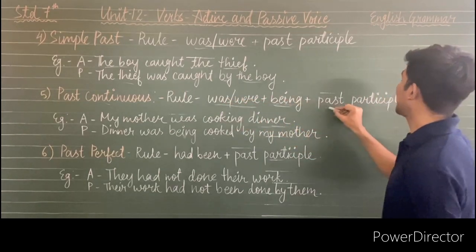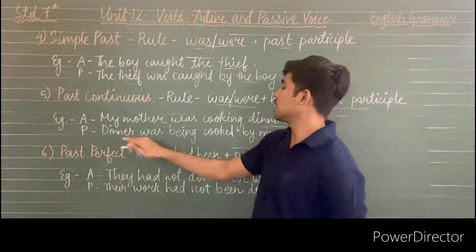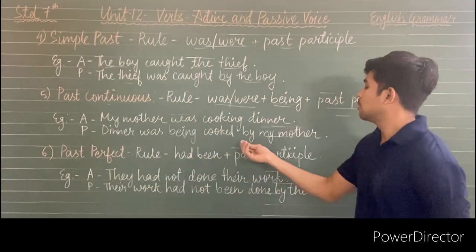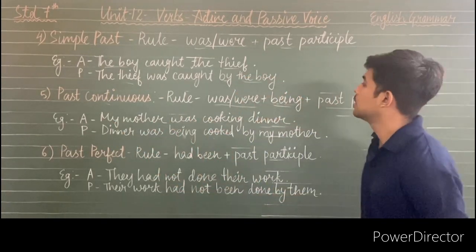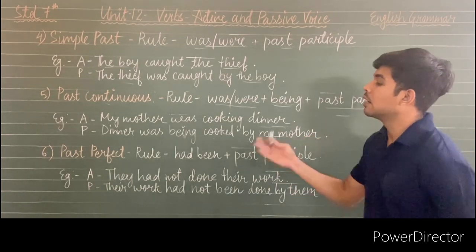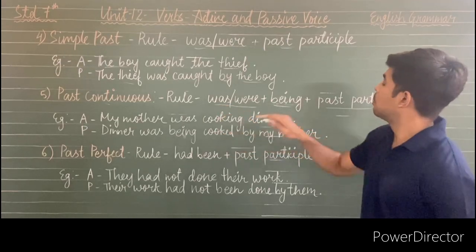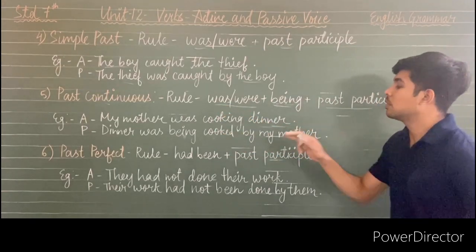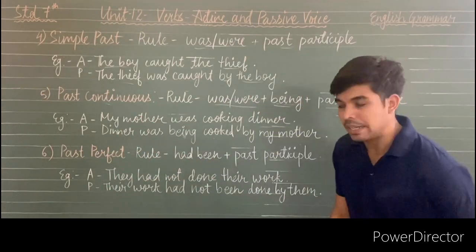Was being and the past participle of cook is cooked. So dinner was being cooked by my mother. So this is done by changing to the past participle form of cook and rearranging the subject and object of the sentence.